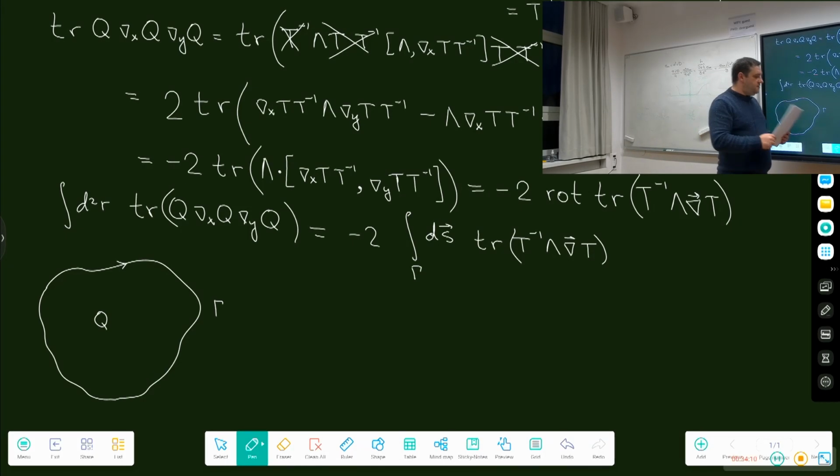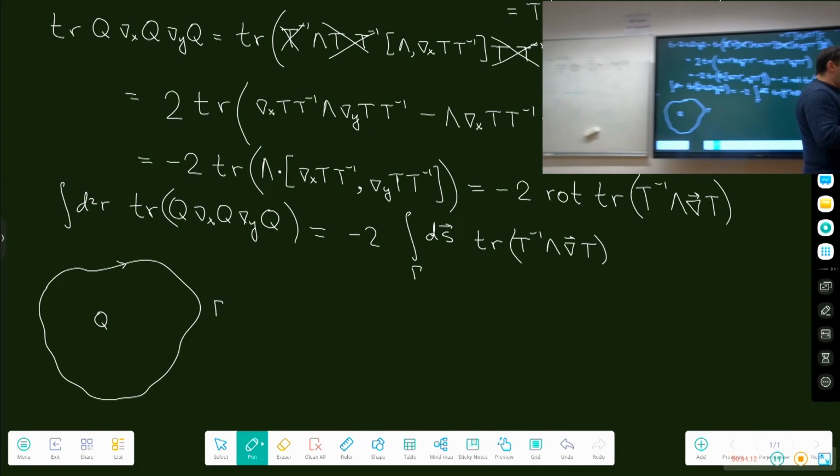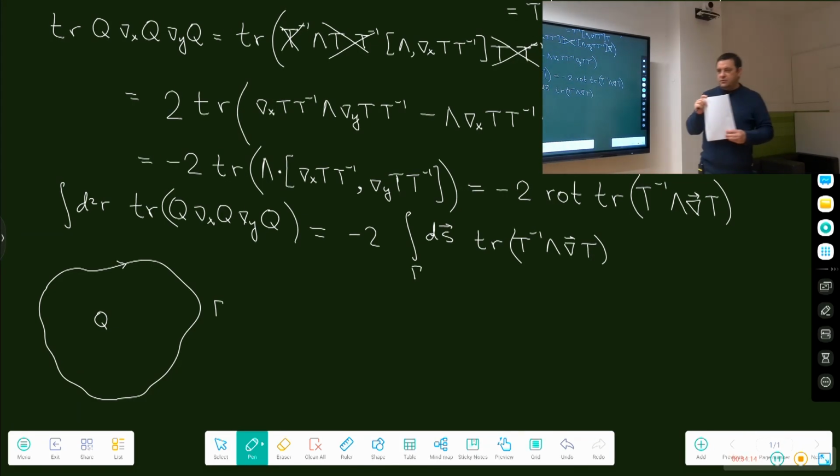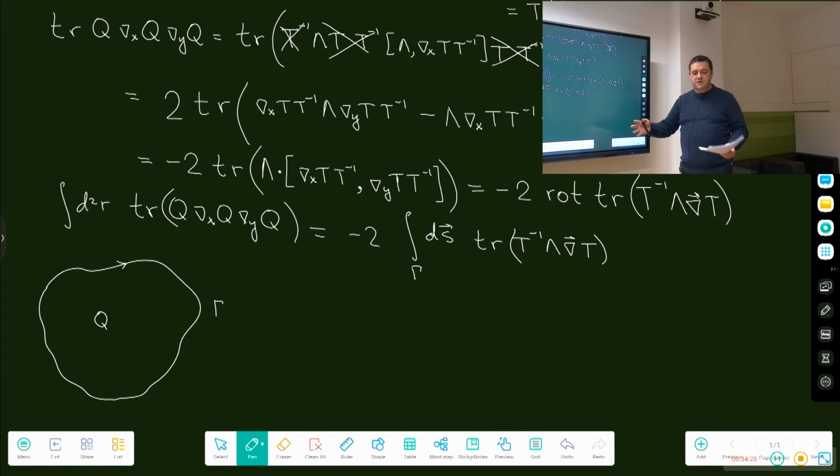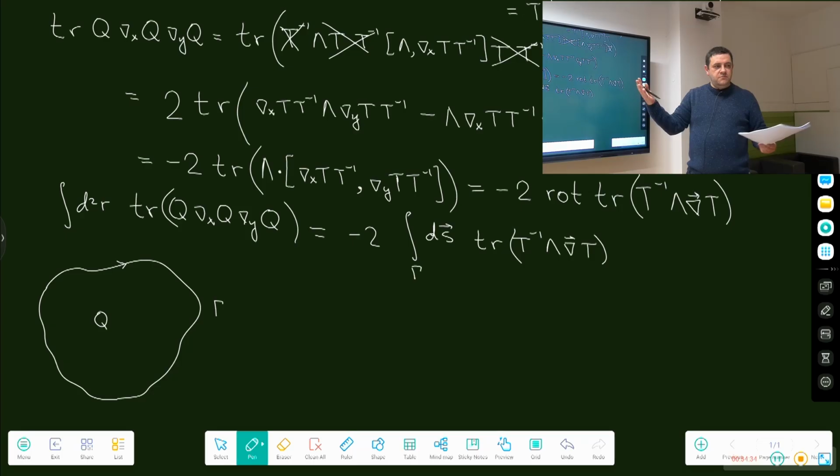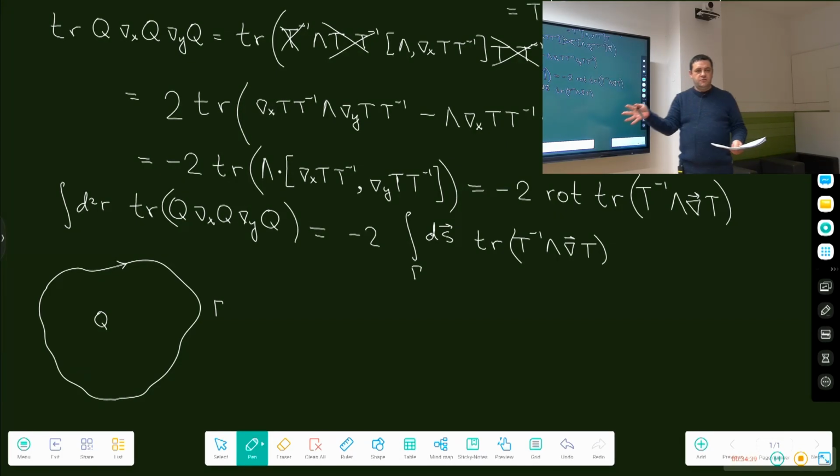Right. This is a good point. The situation, for those of you who know, is very similar to what happens with the action of electrodynamics. Electrodynamics is a gauge theory. There is an electric field or magnetic field, or the electromagnetic tensor, which is an observable object. And then there is something like a vector potential, which is not gauge invariant. Gauge transformations change vector potential without changing any observables.